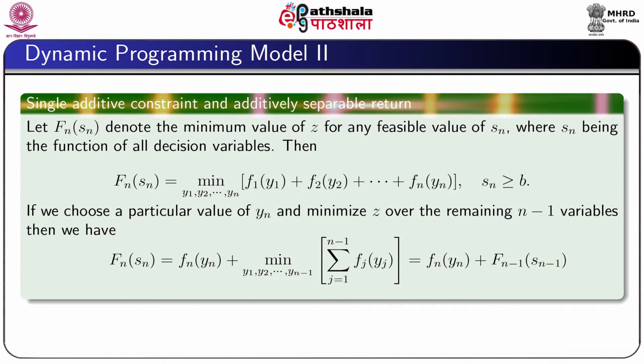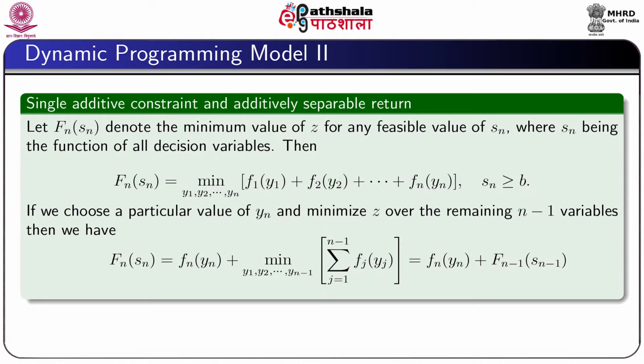Let Fn(Sn) denote the minimum value of z for any feasible value of Sn, where Sn is a function of all decision variables. Therefore, we can write Fn(Sn) equal to minimum of f1(y1) plus f2(y2) plus ... plus fn(yn), where the minimum is taken over y1, y2 up to yn.